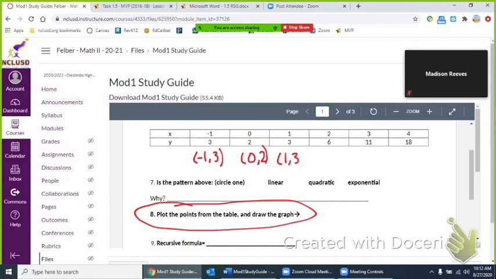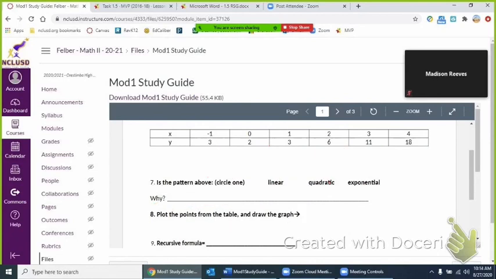Right 1, up 3. Right 2, up 6. Right 3, up 11. Right 4, up 18. And so when it says plot the points, you literally just, that's going to be a point, that's going to be another one, another one, and then just connect them.